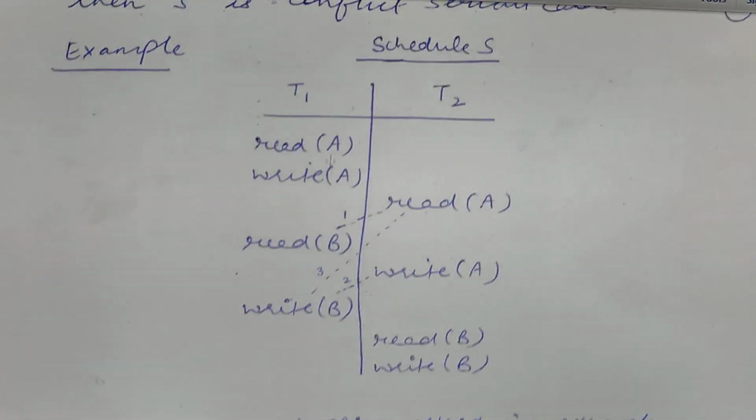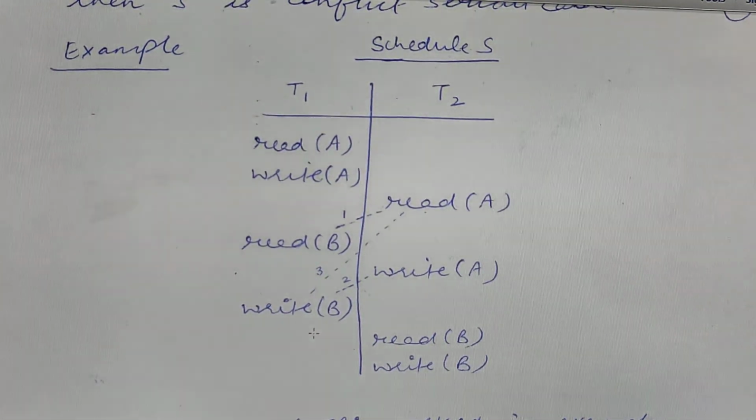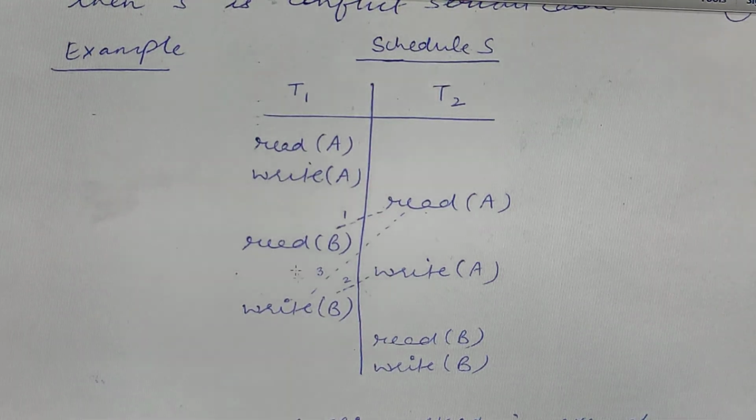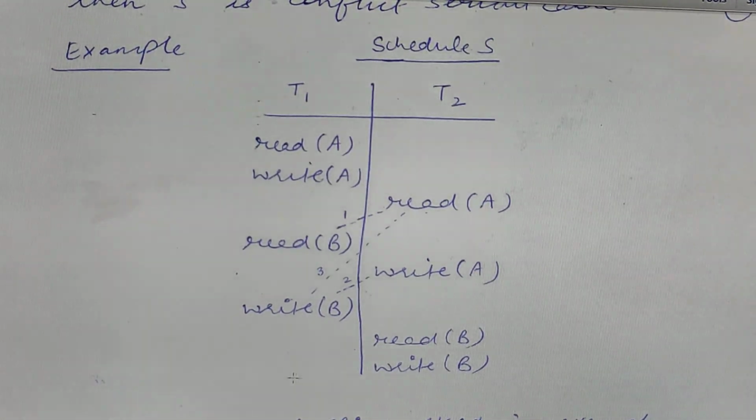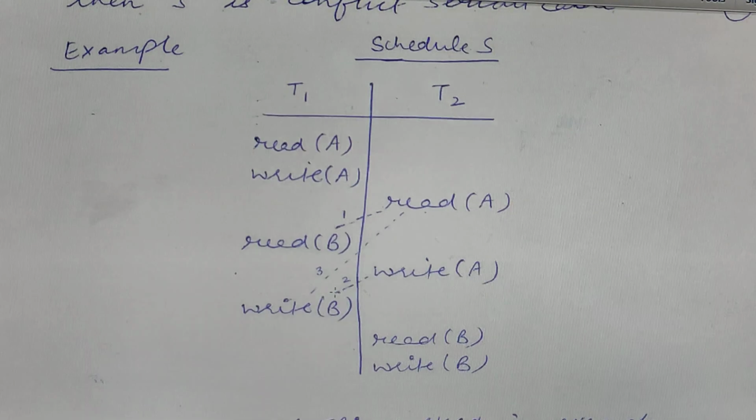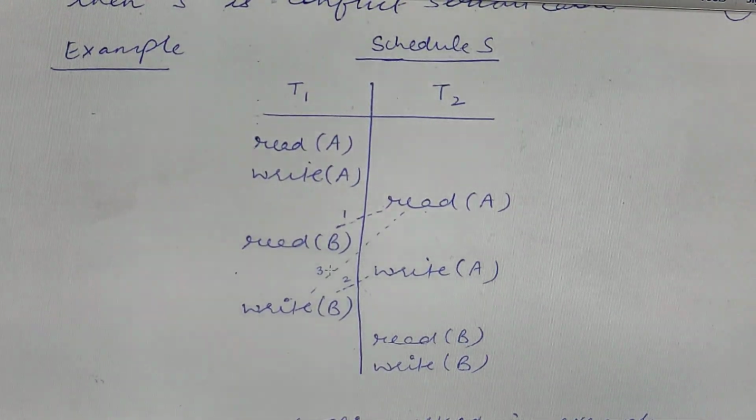Now, if I can convert this schedule into another schedule such that I execute all the operations of T1 first and then all the operations of T2, into a serial schedule, then we will get a new schedule S dash that will be conflict serializable with this particular schedule S. Now let's see, can we swap the operations?